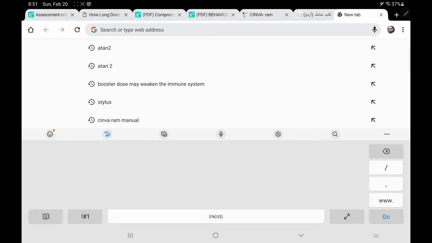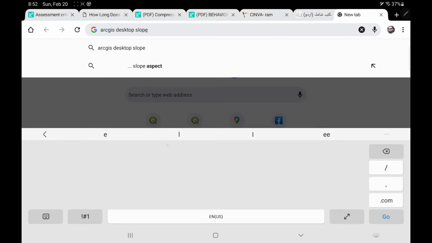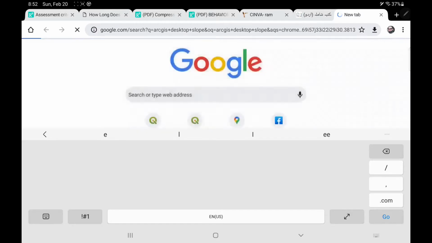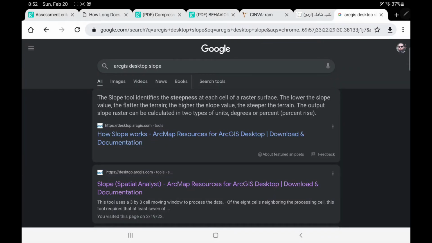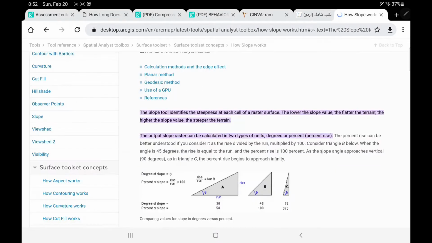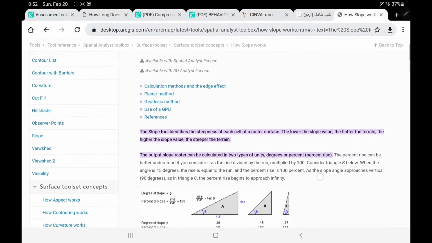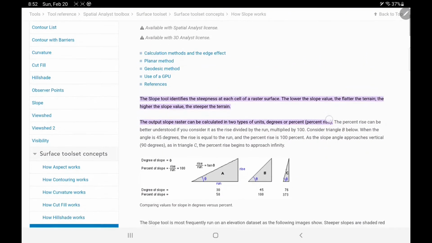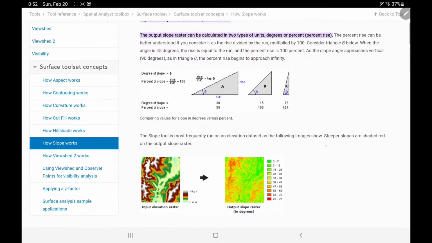Let's open the ArcGIS website. We have the first link about how slope works. Let's open this link. Now here you can see the formulation of the slope.